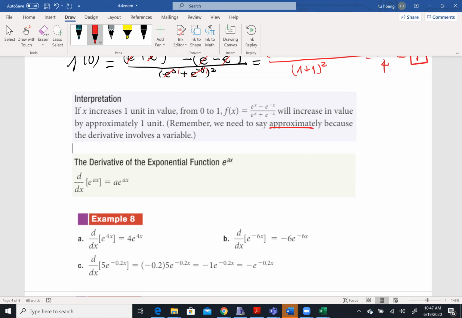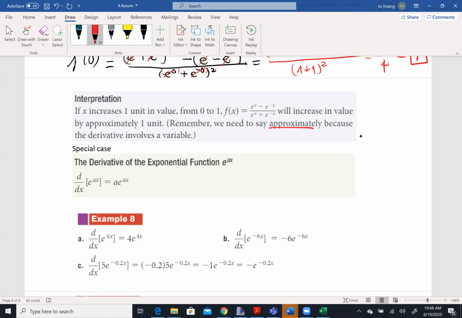The first special case is when you take the derivative of the exponential function with e to a constant multiplied with x, then you can right away have the constant multiplied with the e to the ax. Why does it happen like that? You actually can still apply the chain rule here to derive this, right?